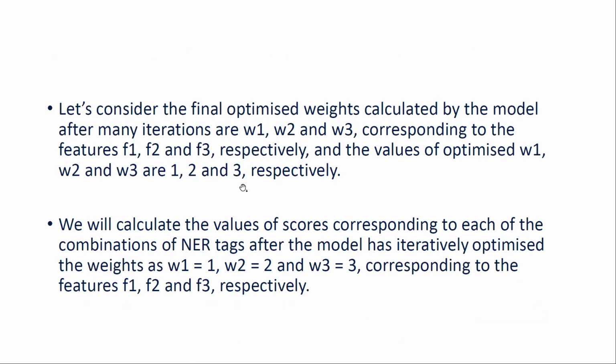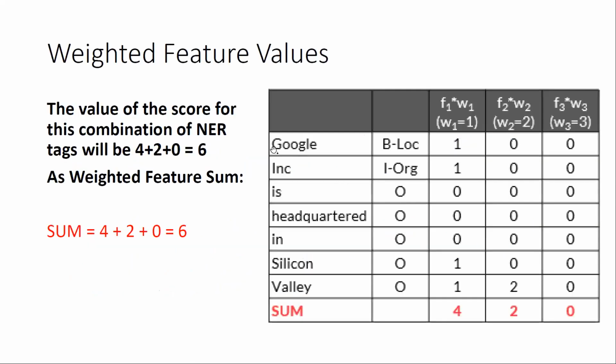So based on that, we will have to calculate the score corresponding to each combination of NER tags. So we will find the scores of each feature. Let's look at it. Feature 1 into weight 1, feature 2 into weight 2, feature 3 into weight 3. So whatever the numbers were, they will be multiplied by these weights.